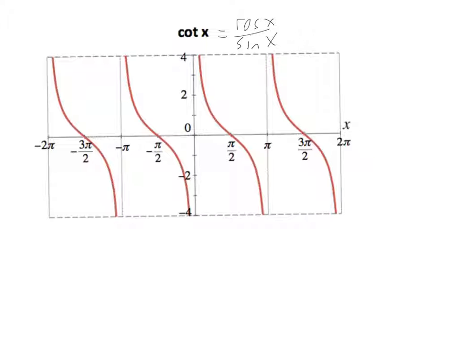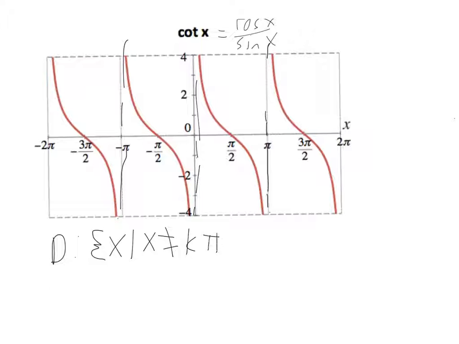Alright, you notice there are asymptotes where the sine would be 0. So at intervals of pi and negative pi, or intervals of pi, where the number in front of pi is an integer, like 0 pi, 1 pi, 2 pi, 3 pi, etc. So the domain for cotangent would be the set of all x values such that x cannot equal k pi, with k being an integer.